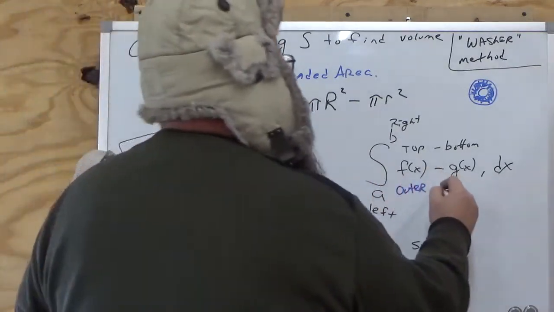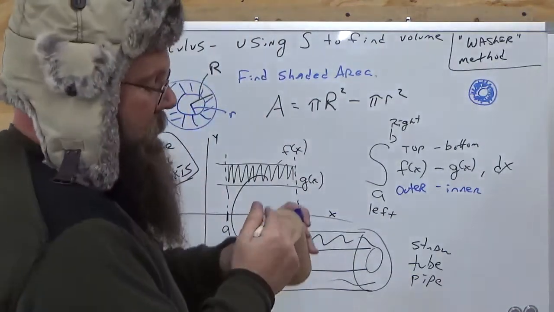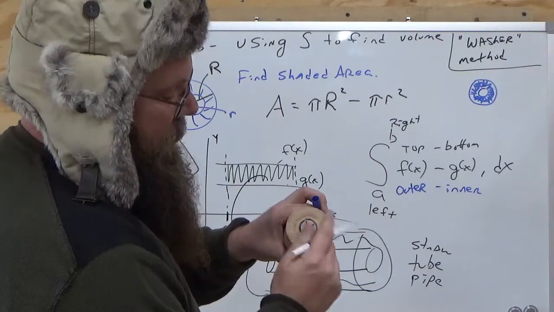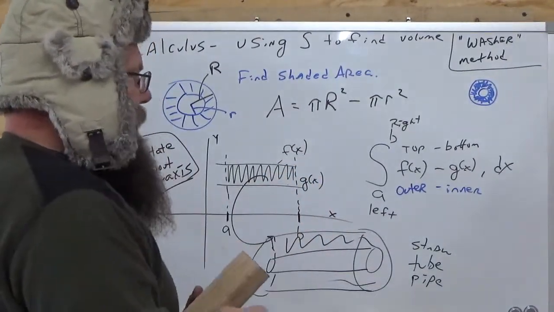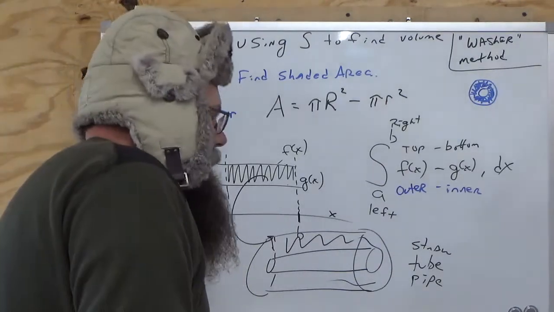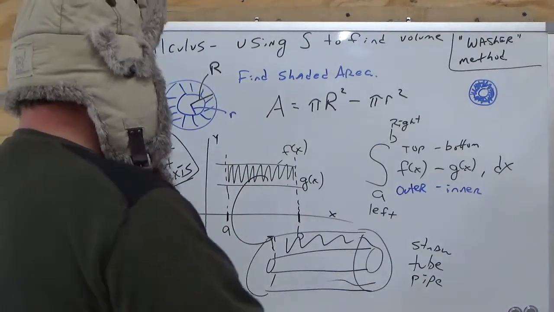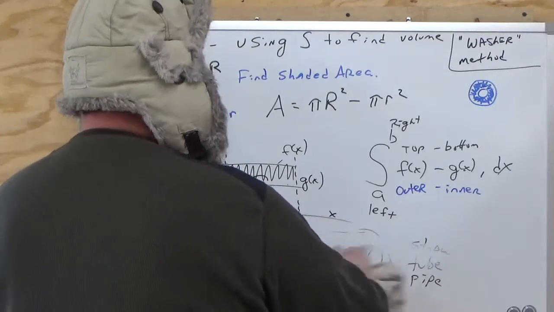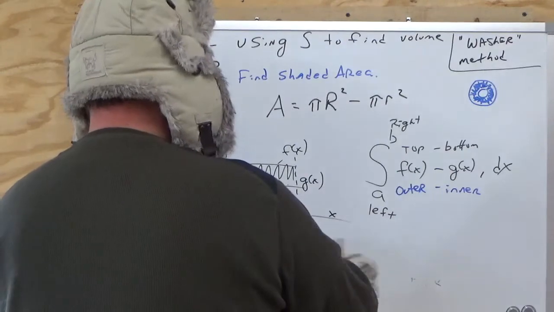So now it's outer minus inner, because the inner would be in here. Right? All that would be gone. We'll just pretend it's not there. Okay? So the outer minus the inner. Well, here's the problem. Outer minus inner. I think I can erase this drawing down here because you've seen it now. Let's kind of talk about this a little bit.